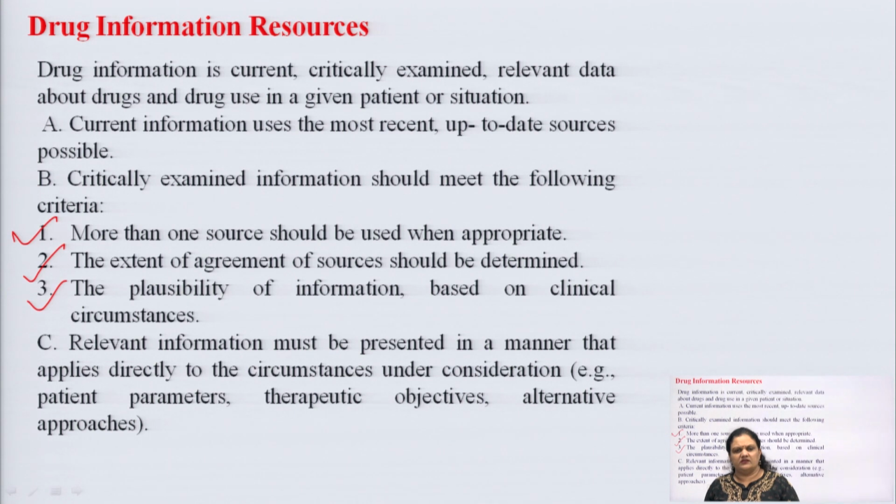Therapeutic objective means which organ the class of drug is basically affecting, or which organ system disease the patient is suffering from. So, we should focus on the therapeutic objectives or the parameters of that particular class of drug. And if any alternative approach is available, we can also go for that.